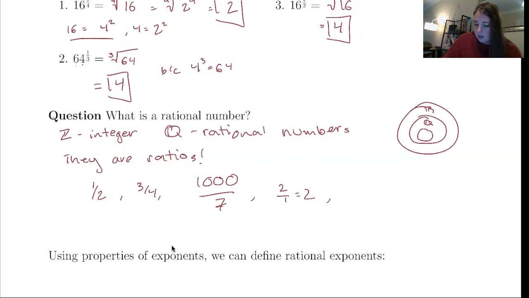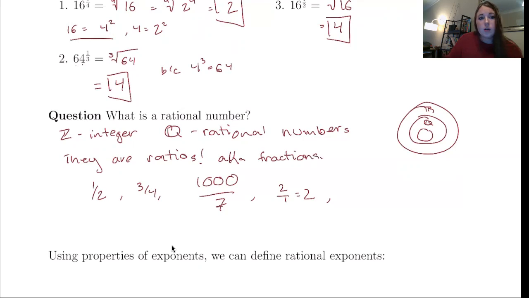And we talk about them in terms of the fraction form instead of a decimal, because not every decimal is a rational number. Like pi. I can estimate it with 22 over 7 or something, but that's only an estimate. So there are numbers that I cannot represent as a fraction.